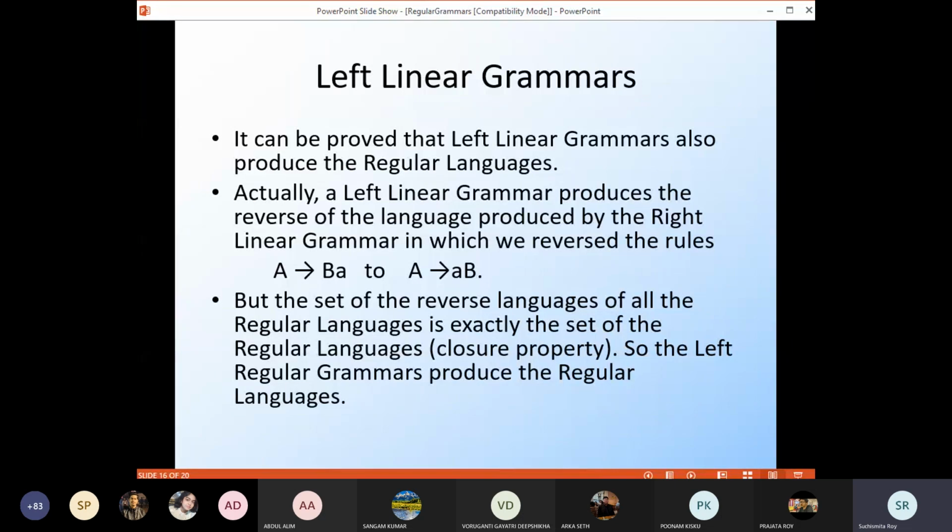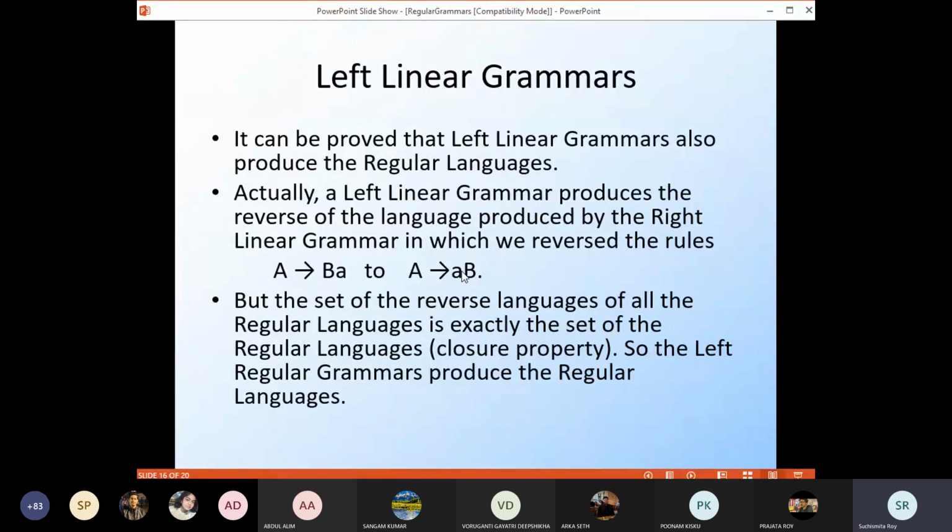Previously if you were producing strings starting with 1 and ending with 0, now you will produce strings starting with 0 and ending with 1. So every right linear grammar, if you reverse the right-hand side, you produce a left linear grammar. You can see that. And because you have reversed the right-hand side, you have produced a grammar for the reversed language. Reverse of a left linear grammar is a right linear grammar.